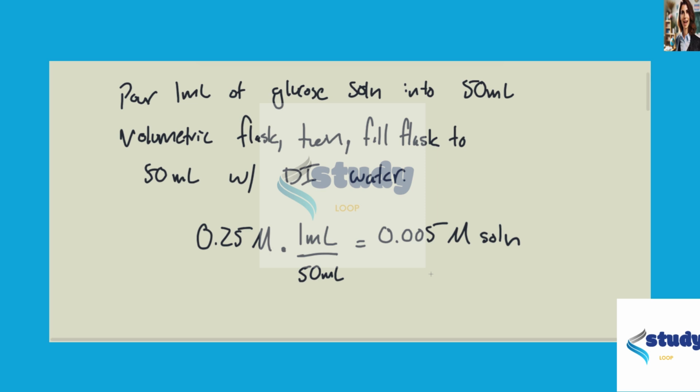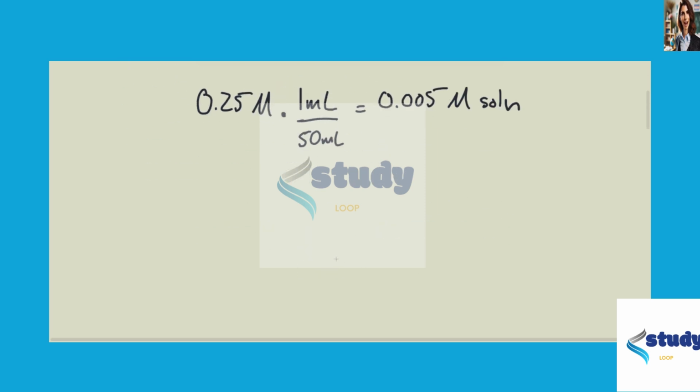Okay, so how many moles per liter is that? That's 0.005 moles per liter. Okay, but we want grams per liter, right? So we know in 1 mole, there is 180 grams.